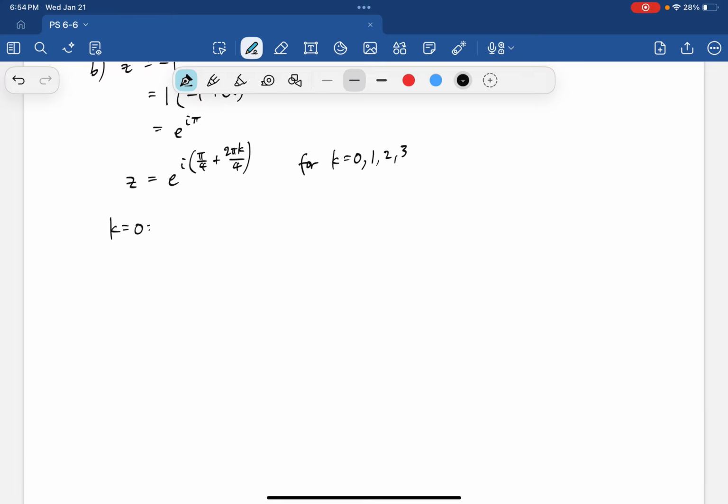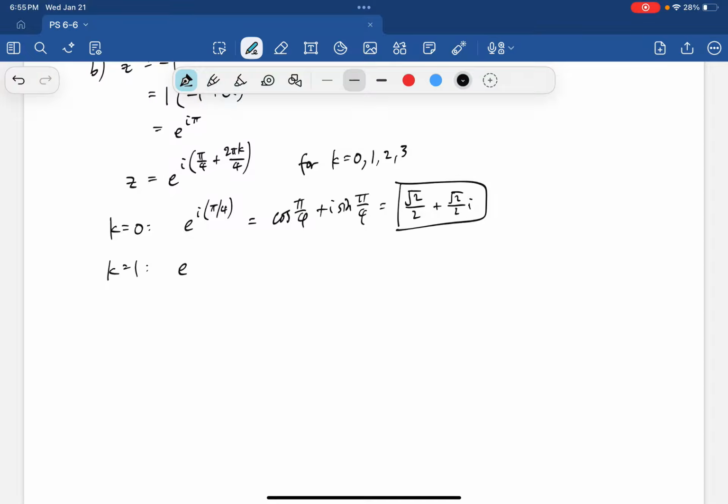So our first solution, k equals 0, is going to be e to the i pi over 4, which is cosine pi over 4 plus i sine pi over 4. Simplify these a little bit.